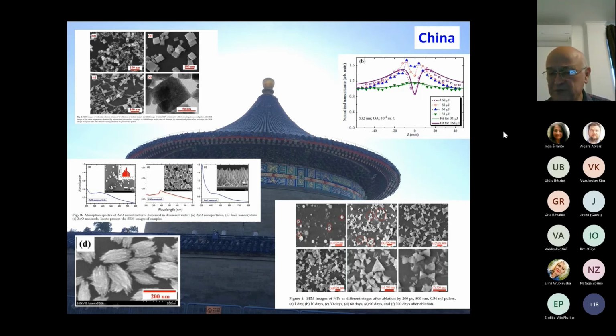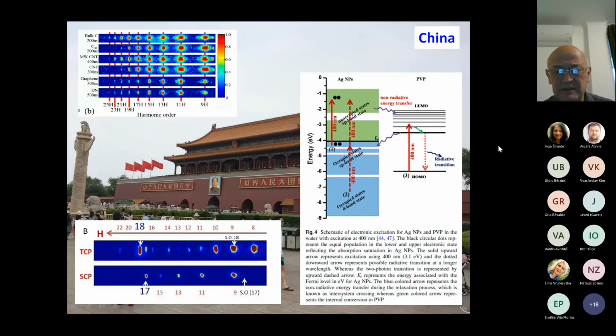And from these properties, we can analyze the lifetimes of those transitions and make some judgment and conclusion about the application in different laser equipment of such systems of non-spherical nanoparticles.